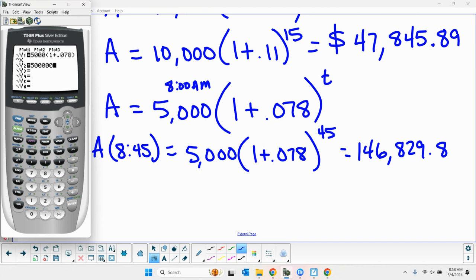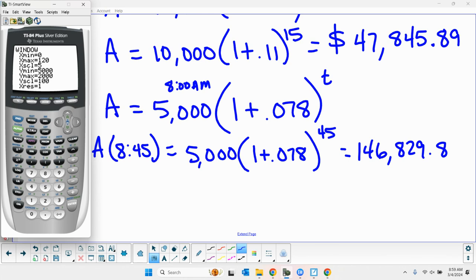If I graph it, it won't work right now, so I'm going to go to the window. Our X-min is 0, 8 o'clock. Let's go a couple hours, 120 minutes, every 5 minutes so it won't be so big. And the Y-min was 0.